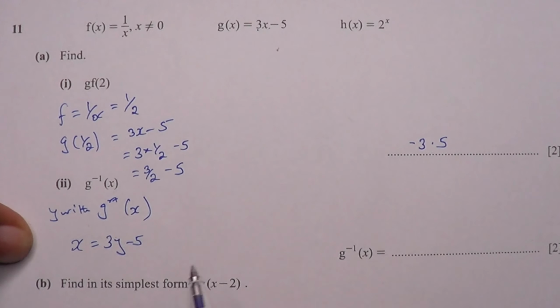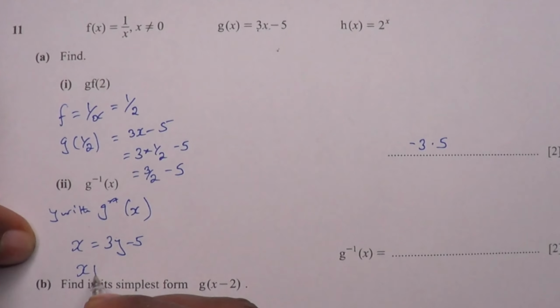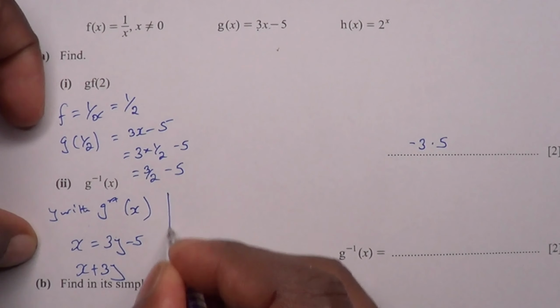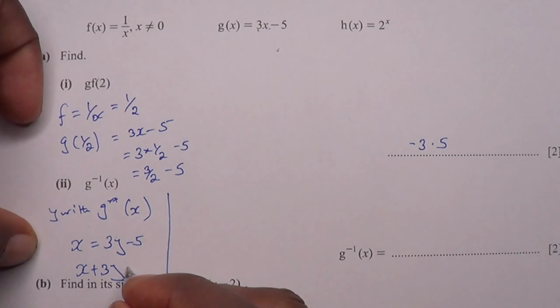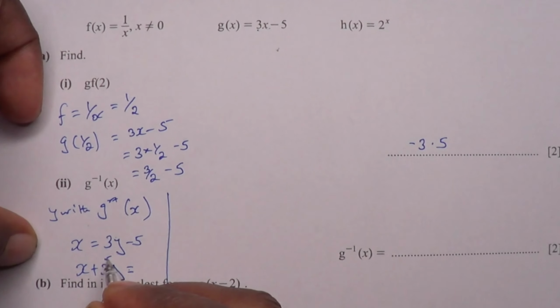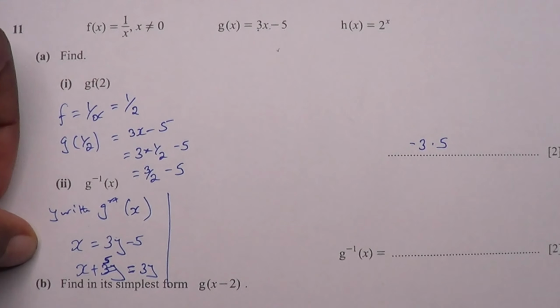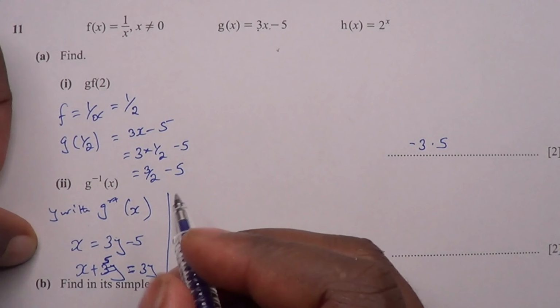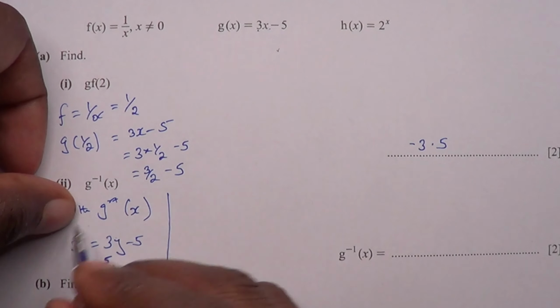This one moves to the other side, so x plus 5 equals 3y, because the negative 5 moves to the other side.